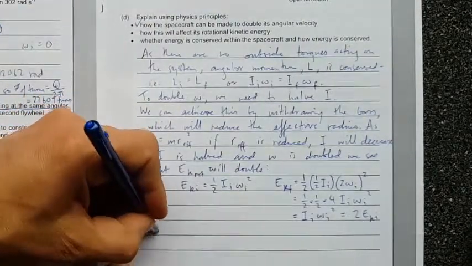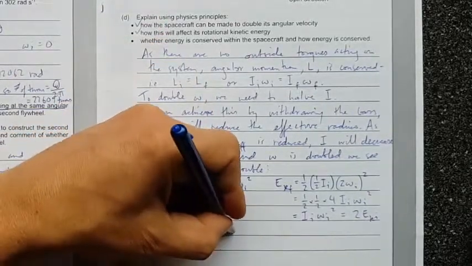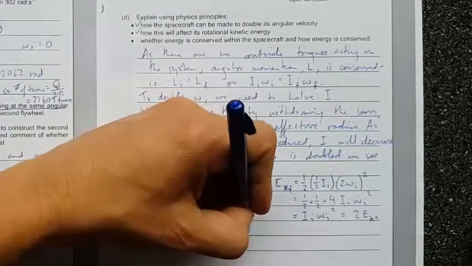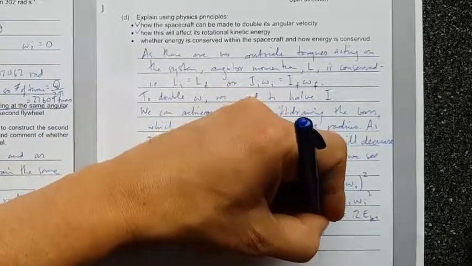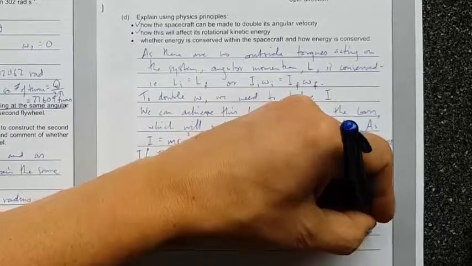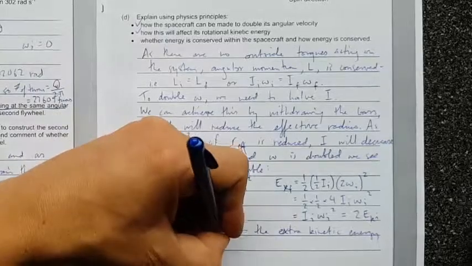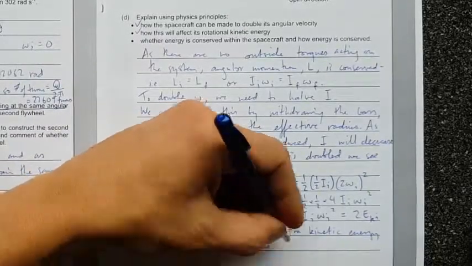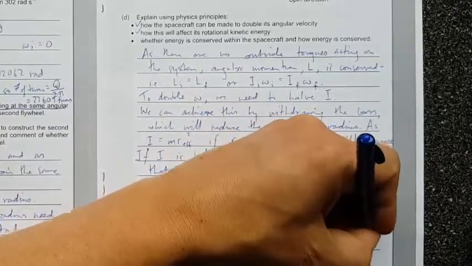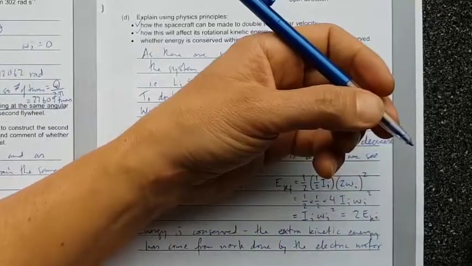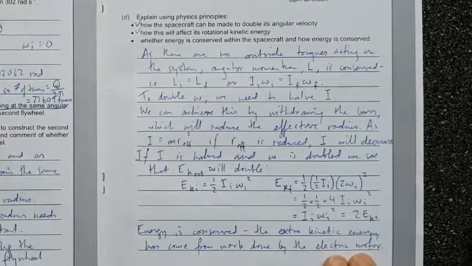Energy is conserved. So we're now looking at the third point. The extra kinetic energy has come from work done by the electric motor, and obviously the electric motor uses some form of energy.